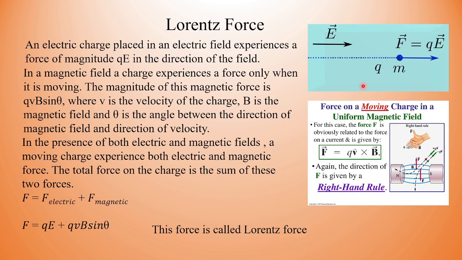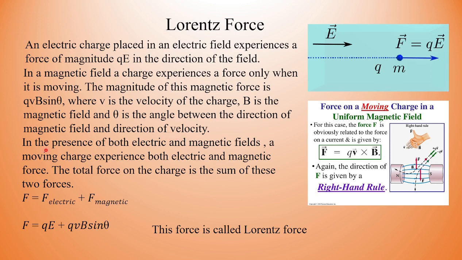The magnitude of this magnetic force is given by F is equal to Q into V cross B, or F is equal to QVB sin theta. Here Q is the charge, V is the velocity of the charge, that is, the charge is moving in the magnetic field, and B is the intensity of the magnetic field. Theta is the angle between the direction of the magnetic field and the direction of velocity.